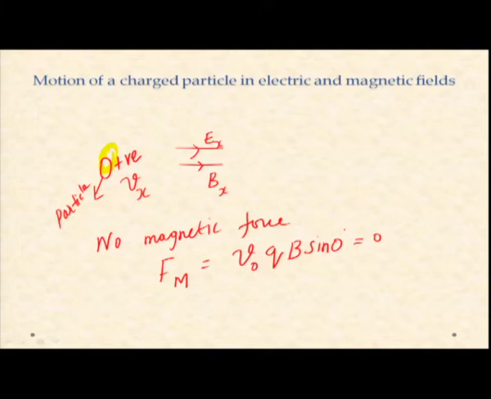Next, come to the electric field. The electric field accelerates or decelerates the charged particle based on the polarity of the charged particle. Considering a positive charged particle, the electric field will produce a force Fe equal to qE. So the product of the charge of the particle and the electric field will give the electric force acting on the charged particle. You can calculate the acceleration of the charged particle due to the electric field in the x direction.